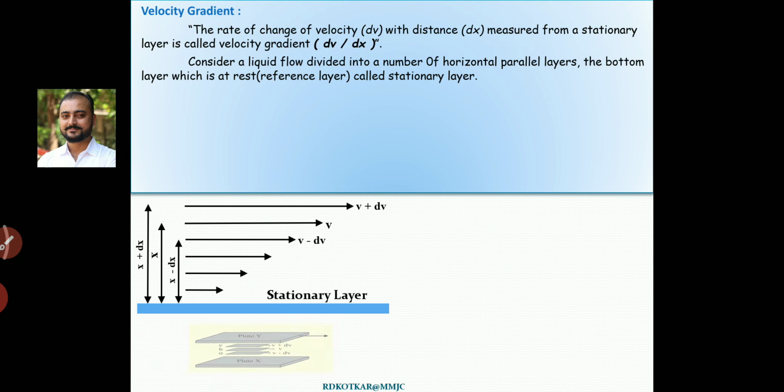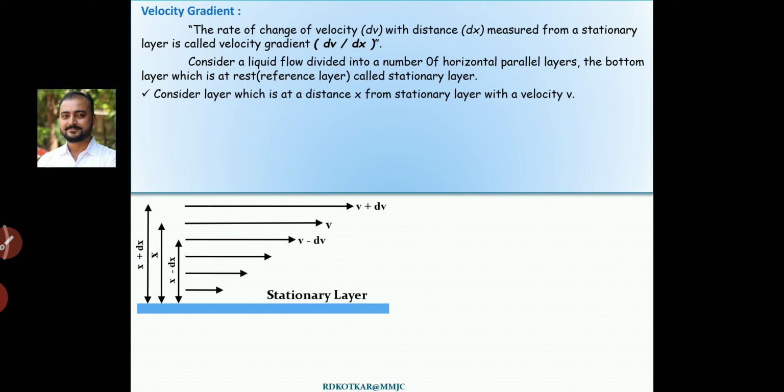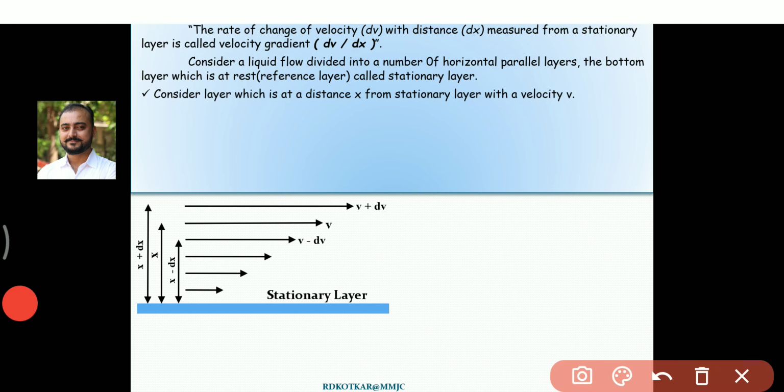We consider a layer which is at a distance x from the stationary layer, moving with velocity small v. As you observe here, this is the x distance from the stationary layer.